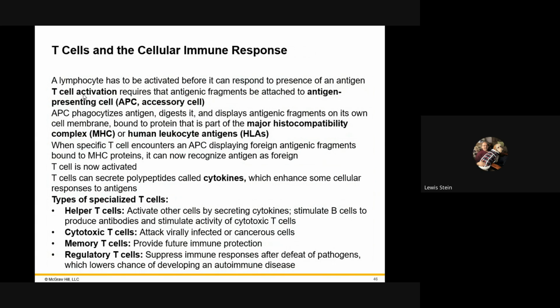So it phagocytizes it, gobbles it up, and displays that fragment as part of one of these complexes. There's a difference between them. One is called MHC1, one is called MHC2. I don't want to go crazy with that, because that's one of the things that inevitably, when I analyze what questions students get wrong, they get those wrong.